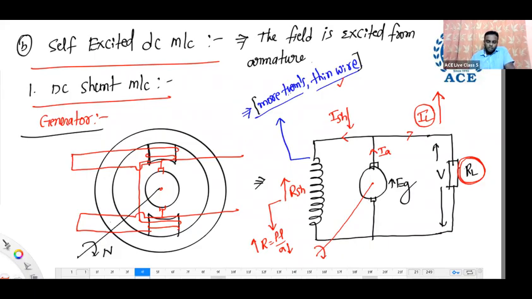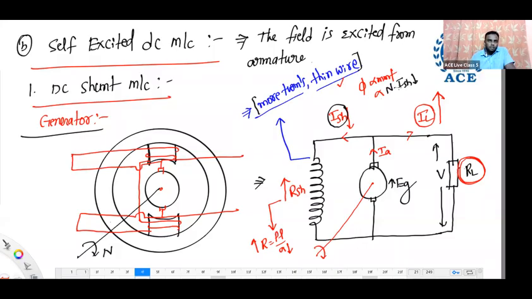That is all. Then why do we have more turns here? Yes, we need more turns because flux is proportional to MMF, and MMF is proportional to number of turns in the winding and current in the winding. Already you are creating a very small field current by having high resistance. If current is very less, then how will the required flux be produced?